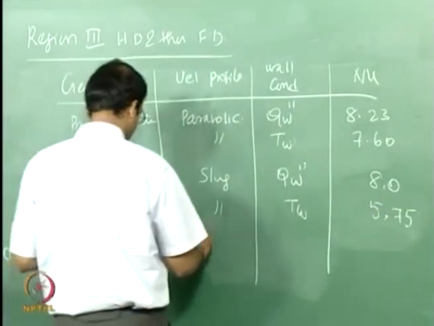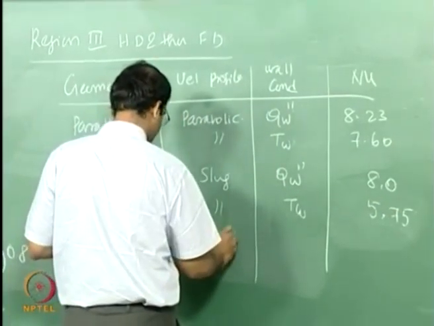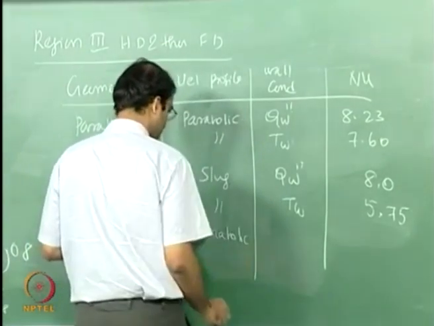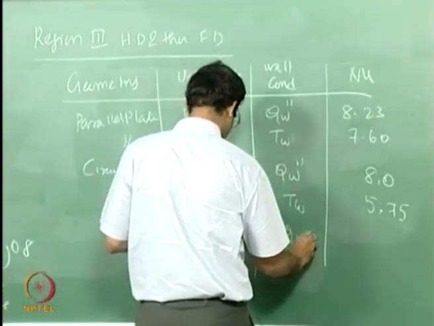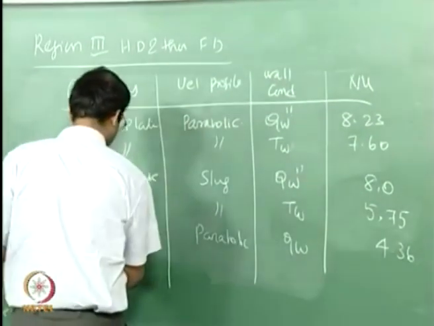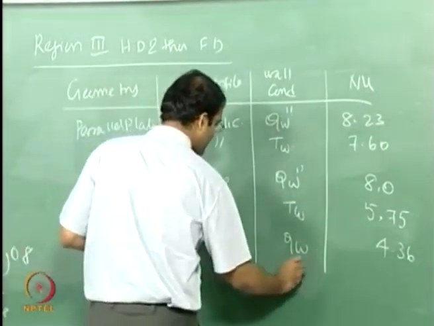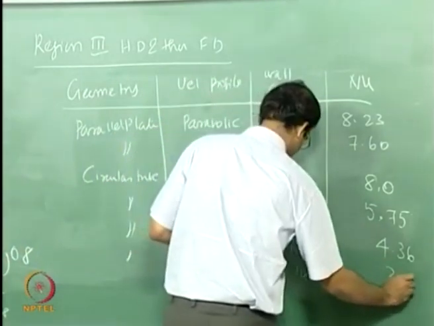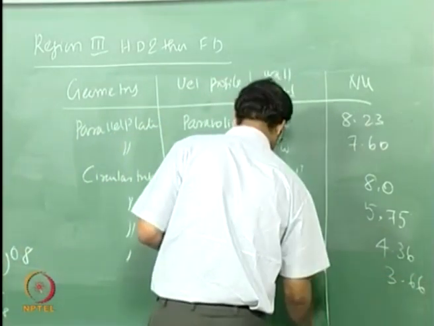Circular tube but parabolic, and Q wall, you have 4.36. Circular tube, parabolic, T wall 3.66.